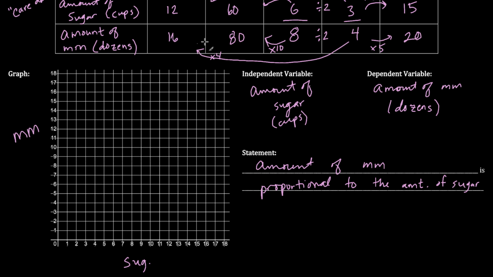So 6 cups of sugar made 8 dozen mini muffins. 3 cups of sugar made 4 dozen mini muffins. 12 cups of sugar make 16.